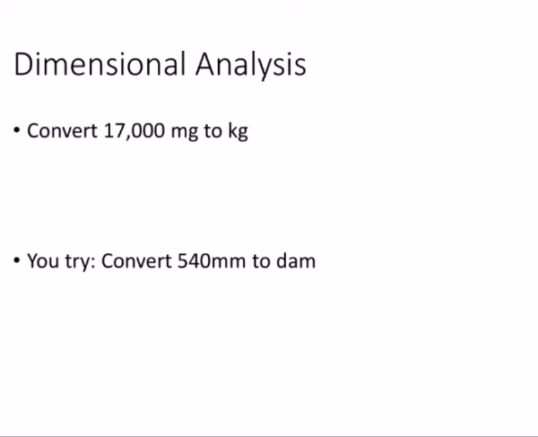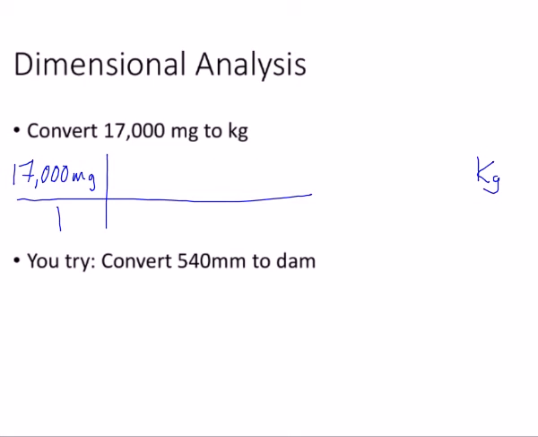Some of you guys can do this in your head, so you don't have to make it 2 steps. You're going to see me work it out as 2 steps every time. Same process. Write down what you're given. We have 17,000 milligrams. We are trying to get to kilograms in the end. Put my 1 there. Have we changed anything up with our process yet?